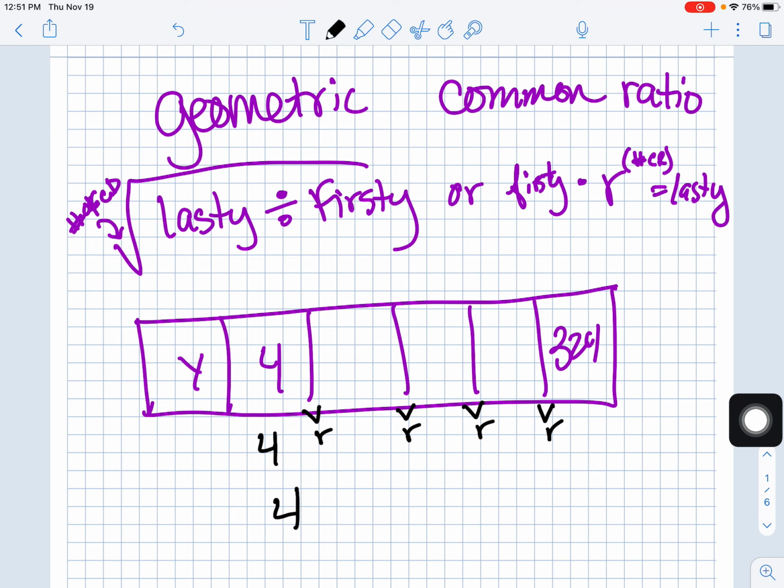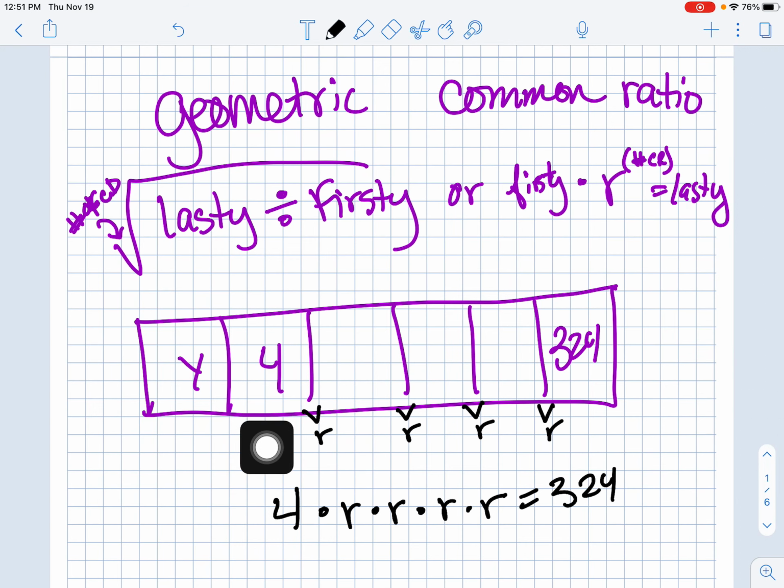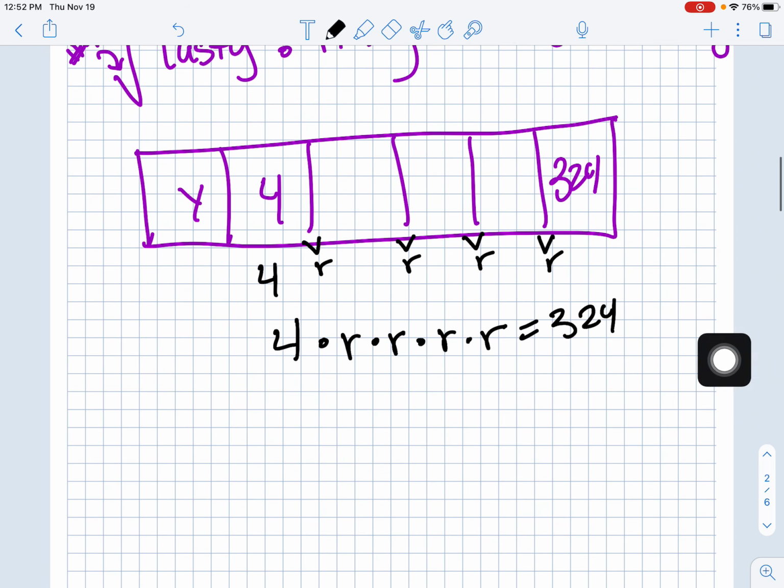So I know that if I start with 4 and I multiply 4 times whatever the ratio is, again, times the ratio, times the ratio. If I do that 4 times, that's going to land me at 324, right? That's how our geometric tables work. 4 times something will give me this, times something will give me this, times the same thing again, and then I'll land at 324. So this is an equation that helps me see how to jump from 4 to the next numbers in my table.